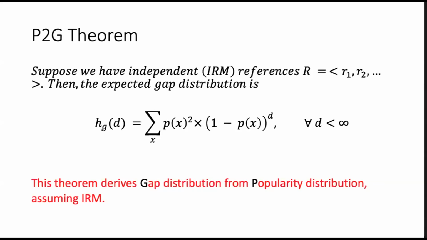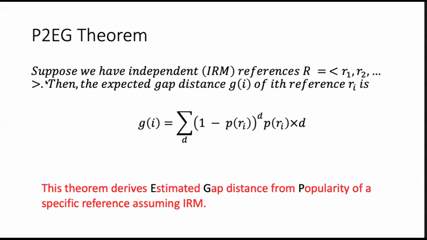Now we can move further, and the P2EG theorem tells us that we can in fact derive the estimated gap distances purely from the popularity of a specific reference, assuming the IRM. If we link these theorems together, we can approximate step distances purely based on popularity.